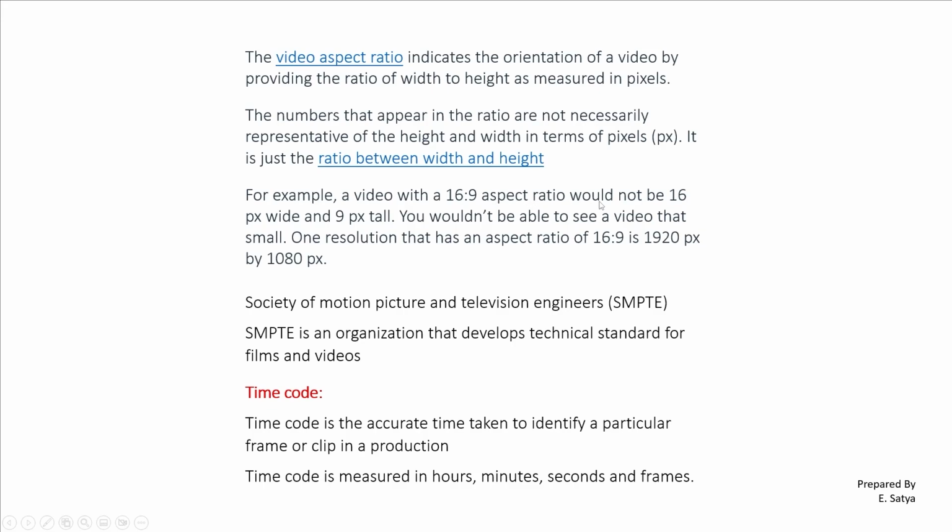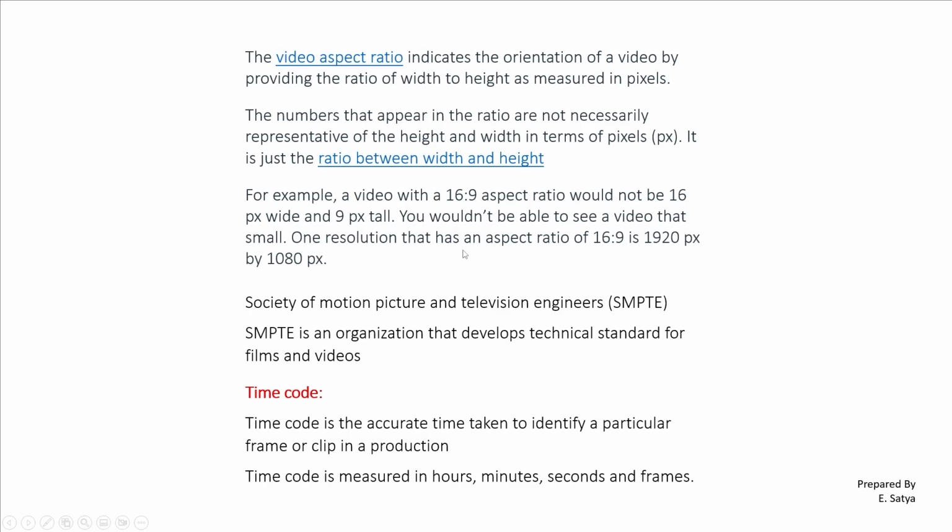You would not be able to see a video that small, you understand? 16 pixels means only this much, 9 pixels means only this much. That means your final video would be too small to see.